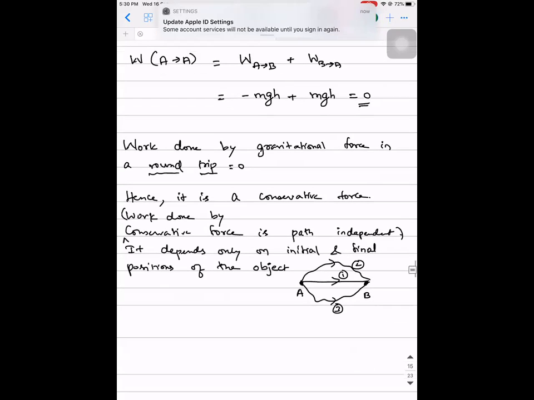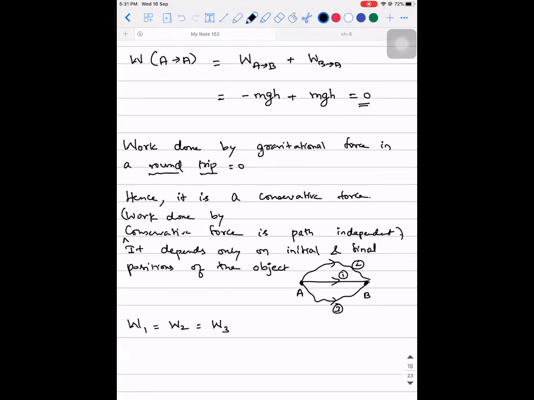So work done in 1 is equal to work done in 2 is equal to work done in 3.